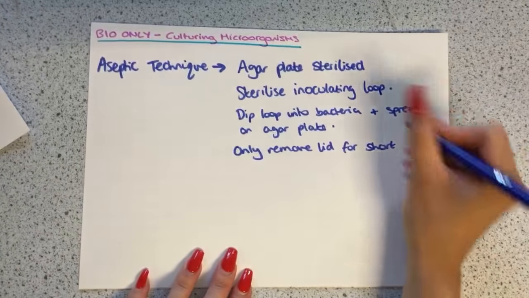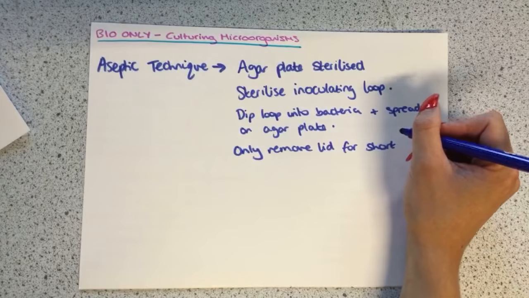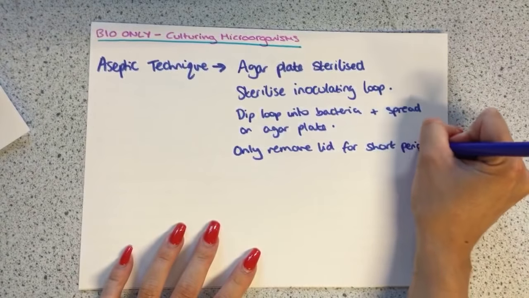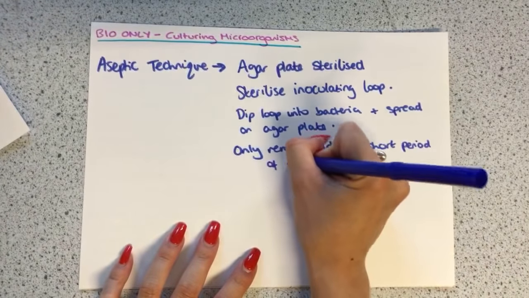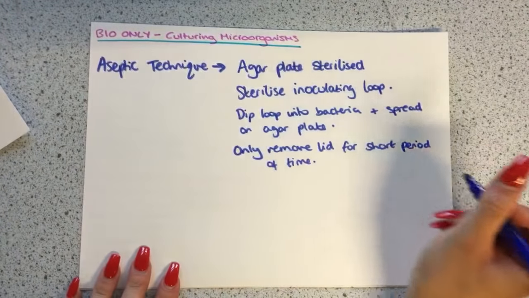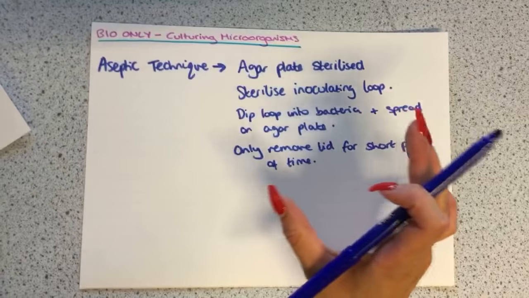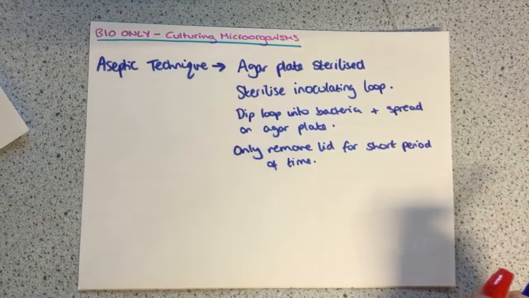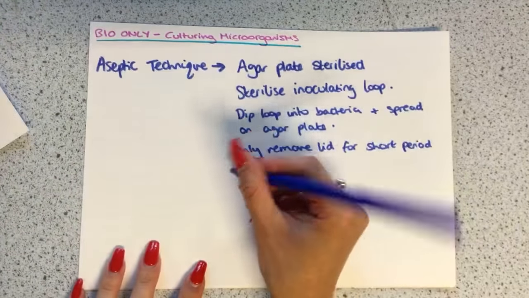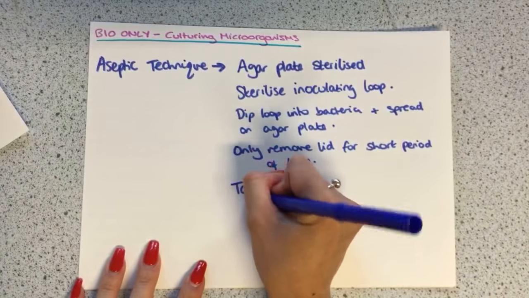And again, this is all about making sure that no other bacteria can get onto your culture. Okay, and then if you are just growing the bacteria, you would stop there and tape the lid shut. But you also did the practical where you talk about antiseptics and testing different ones. I talked about that in the required practical session after school, so I'm not going to go over that in as much detail. So I'm just going to jump to tape the lid shut.